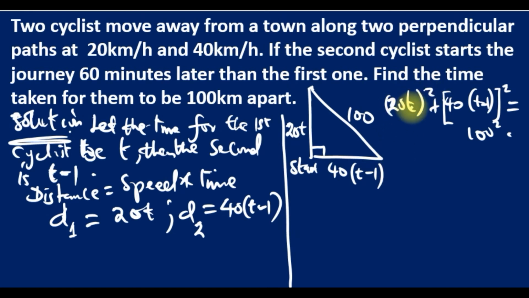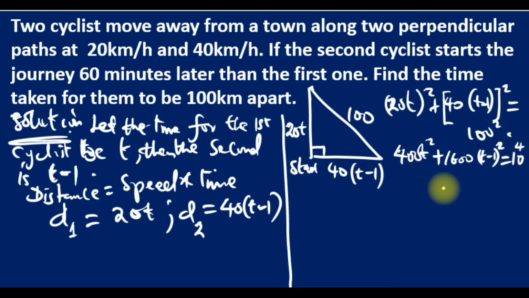We have 20 squared is 400, so we have 400t squared plus 40 squared is 1600, so 1600 times t minus 1 squared equal to 100 squared, which is 10 raised to the power 4.